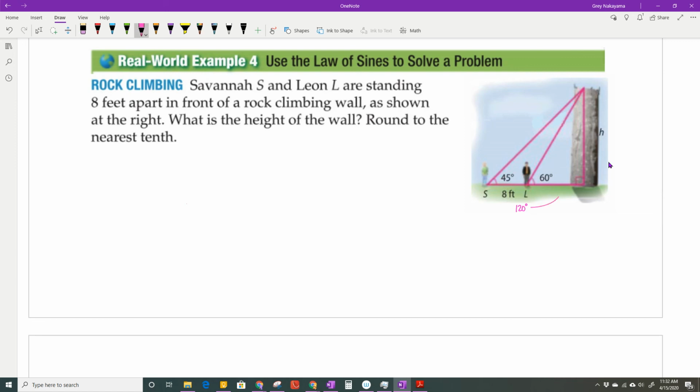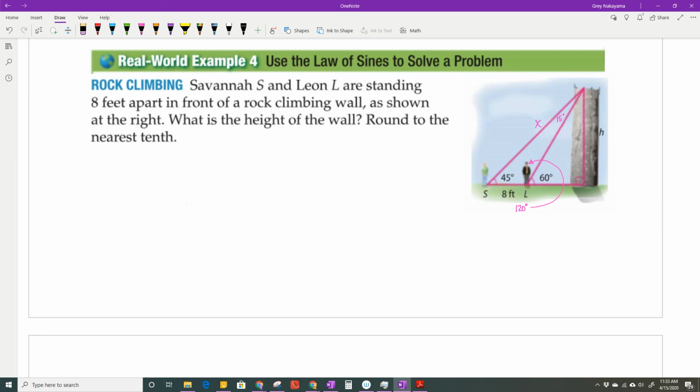So that is the measure of that angle right there where that man is, not that he's 120 degrees tall. Okay. And if we know this angle is 120 and this angle is 45, again, you can find the measure of the third by subtracting from 180. So that is 15. And I'm actually going to use the law of sines to solve this.